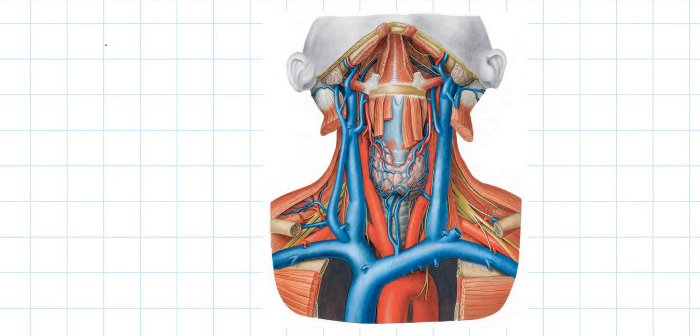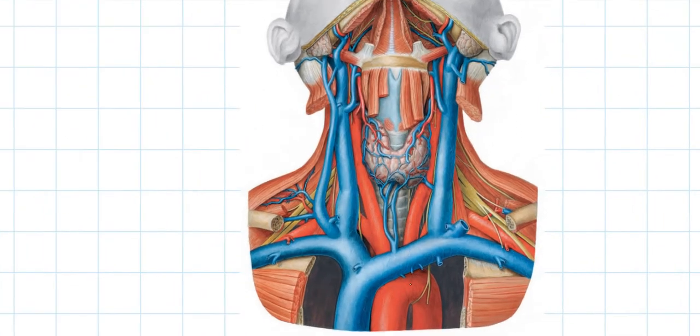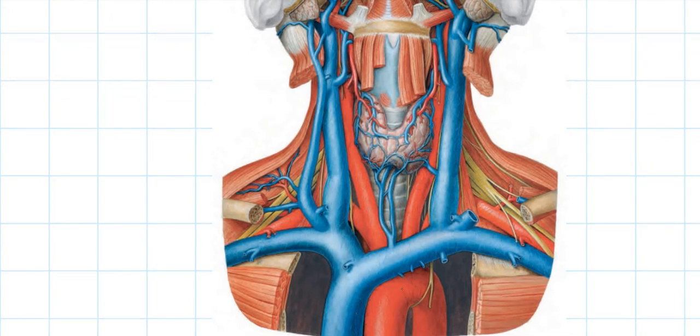Here's another view of the common carotid. You can pretty much clearly see this is the arch of aorta, and from that you have the brachiocephalic, and behind that is the common carotid, and the artery right behind is the subclavian.